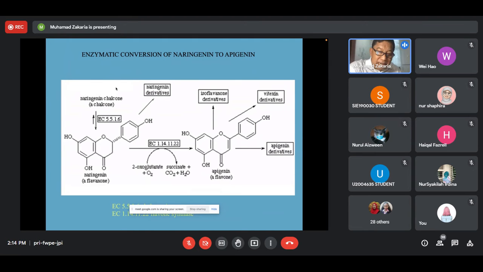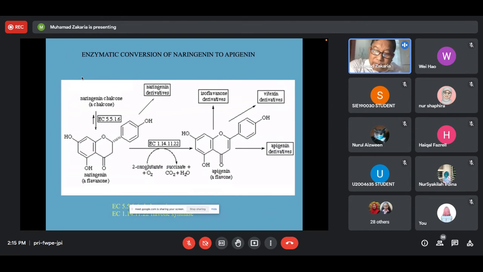Naringenin, isoflavone. If you look at the pyrene ring here, there is no double bond at position 2 to 3. Compared to apigenin, there is a double bond at position 2 to 3 in the pyrene ring.